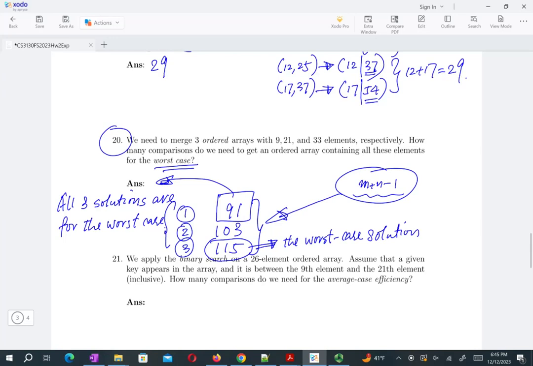You didn't apply the best case formula or the other case formula.